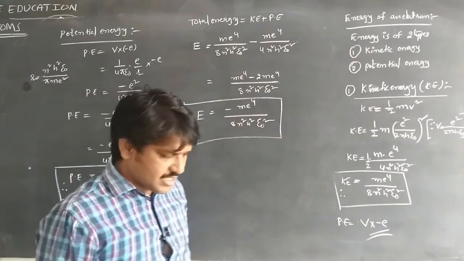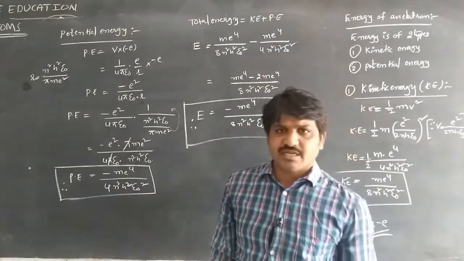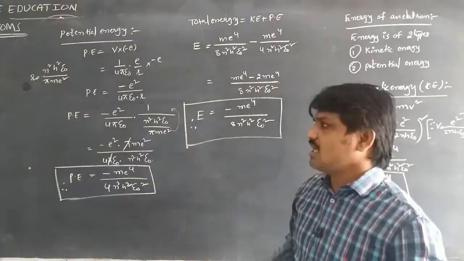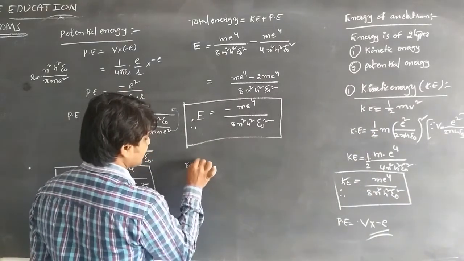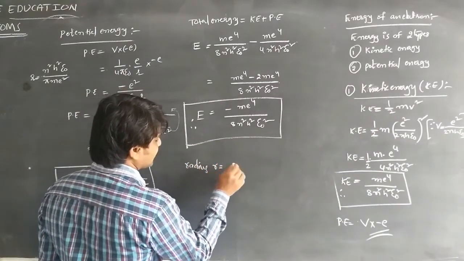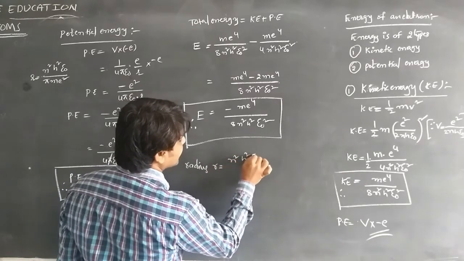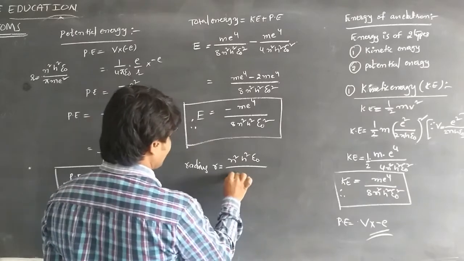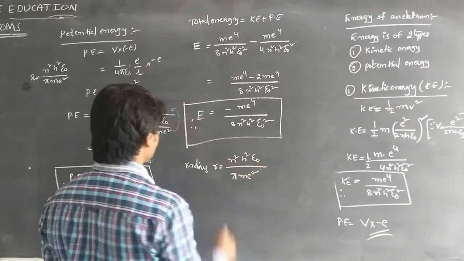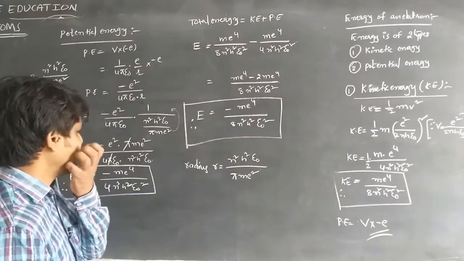This was calculated successfully by Bohr, the radius of an orbit, that is radius r is equal to n square h square epsilon naught by pi m e square. That is the radius equation.